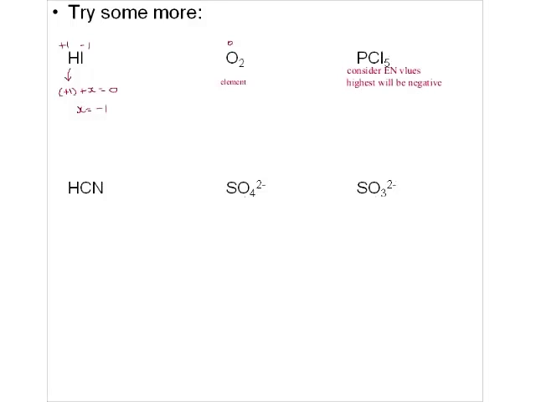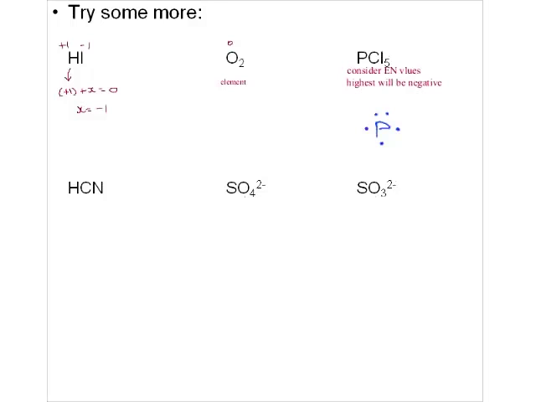Okay? In the case of PCl5, now this guy is a little bit more difficult because we don't know anything about phosphorus, we don't know anything about chlorine, so we'd have to do the Lewis dot diagram, or at least consider the electronegativity values here. And let me show you what we mean by considering electronegativity values. If I was to do a Lewis diagram of phosphorus, phosphorus would be the central atom. It's going to have 5 electrons.